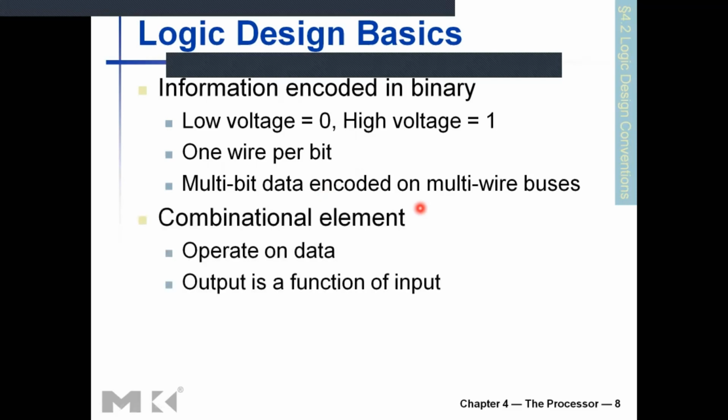Right. So there are different types of logic elements inside the CPU. The one type is combinational, the other type is sequential. Combinational elements can operate on data, and the output is always a function of input. So something like a simple AND gate, or even an ALU, and even an adder can be a combinational element where the output is always a function of input.